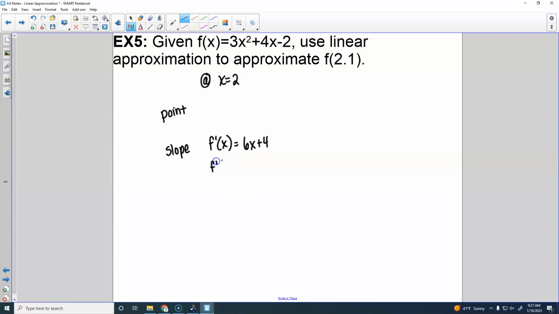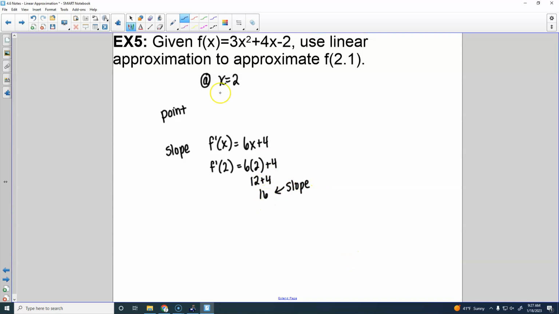F prime of 2. And please make sure you're labeling everything as you do this. Sometimes, especially whenever it's a more simple problem like this, we tend to get lazy and skip steps, but make sure you're labeling that f prime of 2 to show you plug 2 in. Now, as far as showing every step, showing that you simplified, that's not necessary, but labeling f prime of 2 is. All right, so our slope is 16.